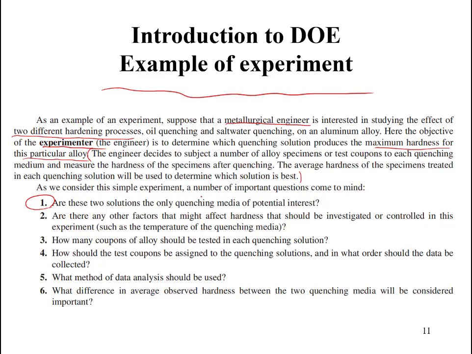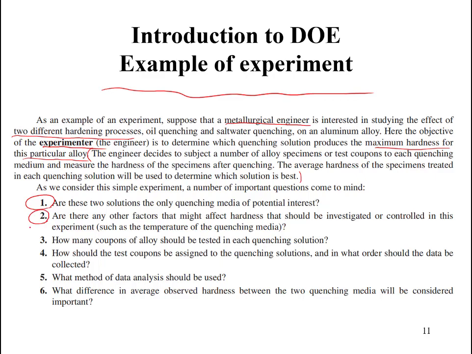If you notice, our engineer decided on different specimens and did the quenching by these two methods. So there is no information about the temperature, the weather condition, or the other factors which may be effective here.